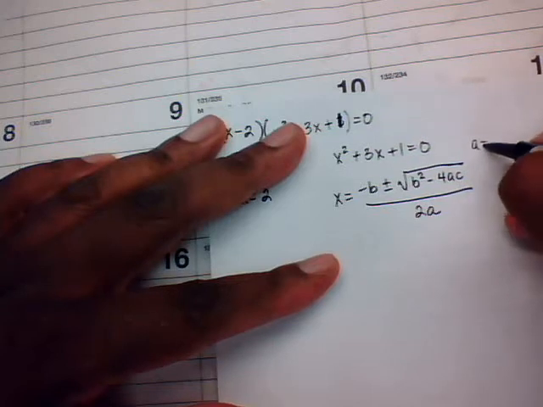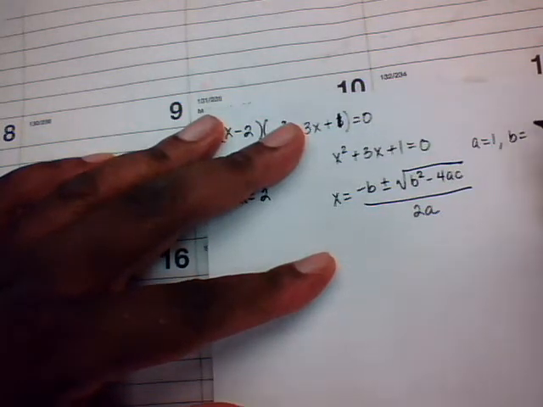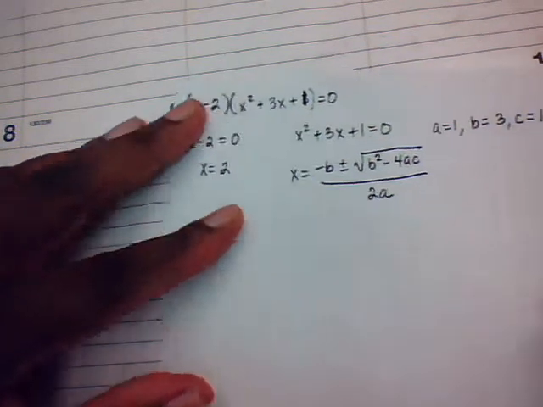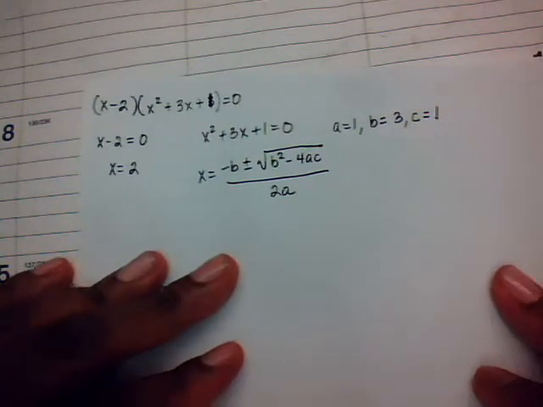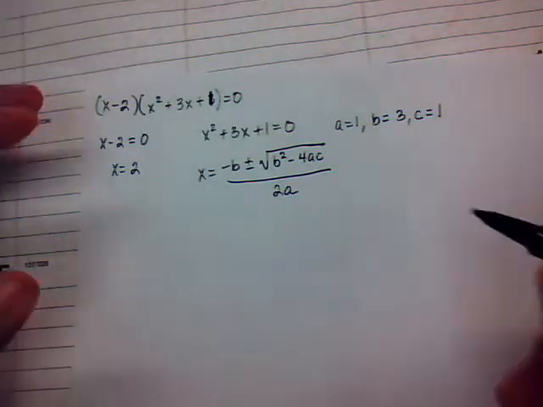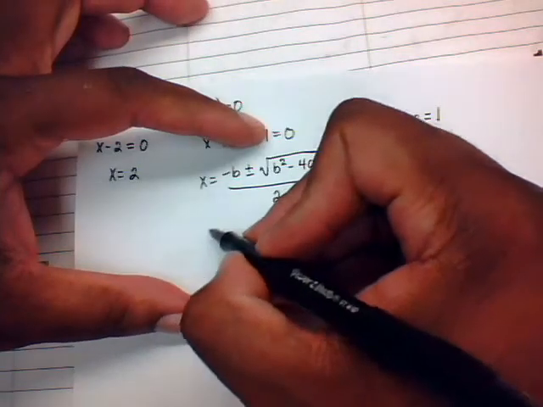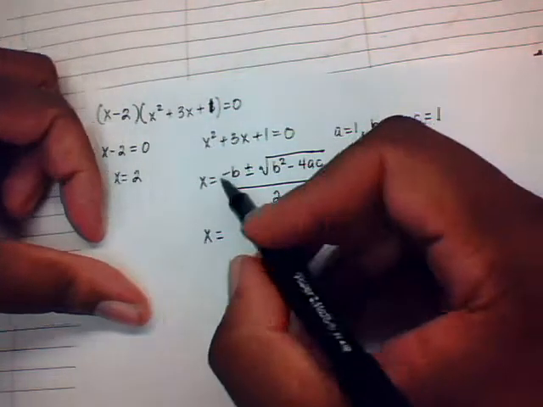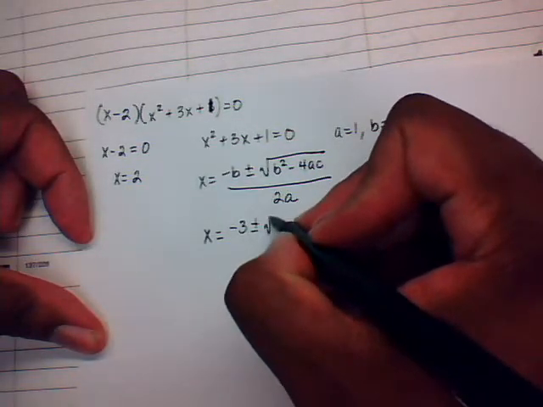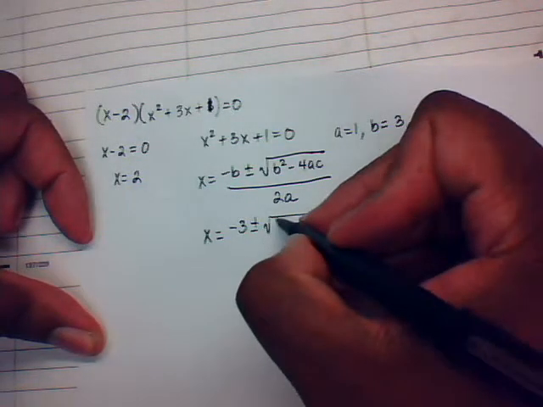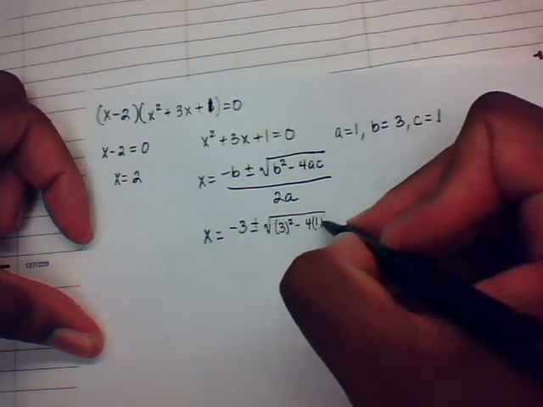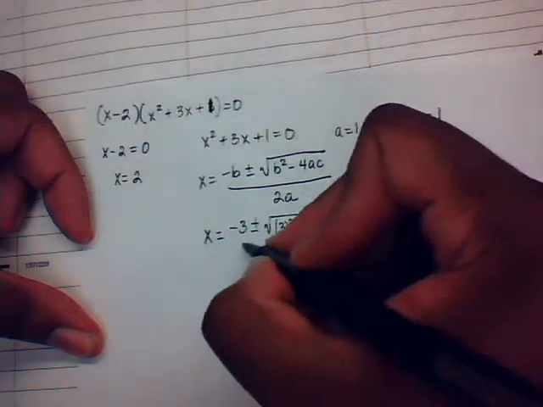And in this case, a is 1, b is 3, c is 1. And then we replace the a, the b, and the c in that quadratic formula. So here we're going to have x is equal to, let's see, negative b, b is 3, so that'd be negative 3 plus or minus the square root of b squared, or 3 squared, minus 4 times a, which is 1, times c, which is 1.